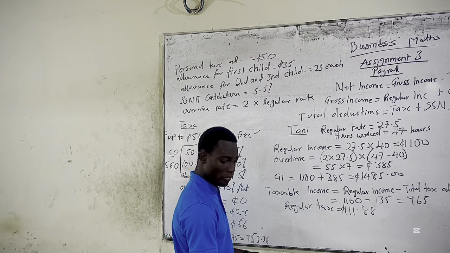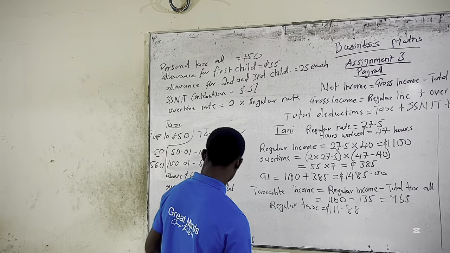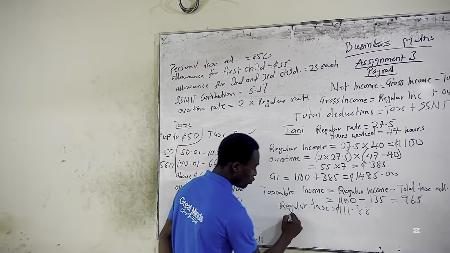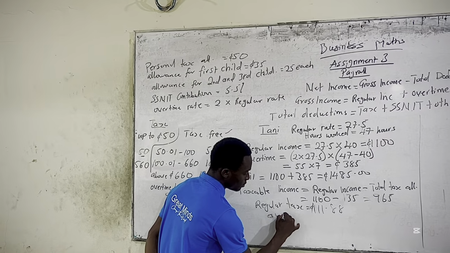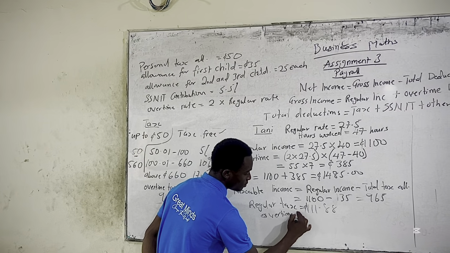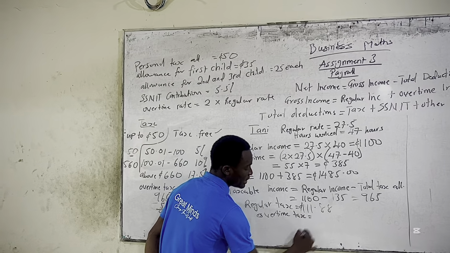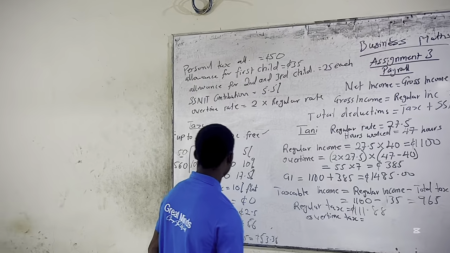Then we move on to the overtime tax, which is 10% flat on all overtime.